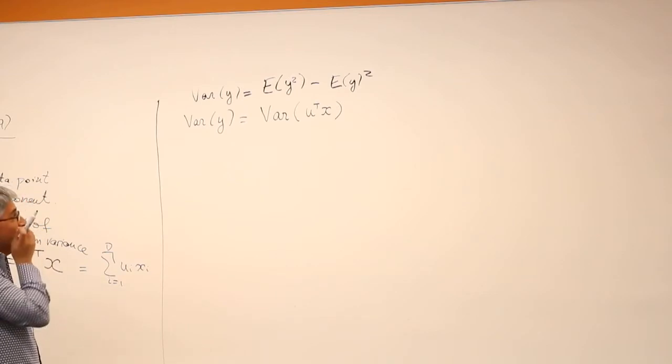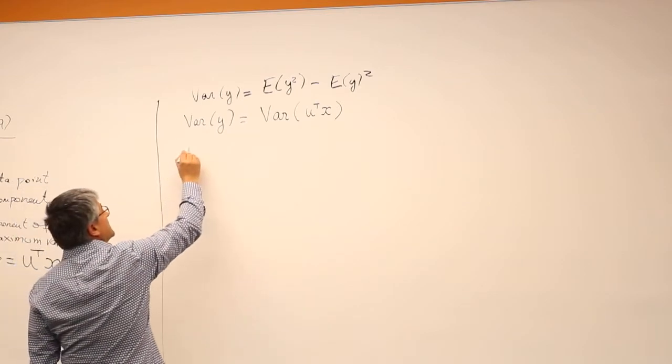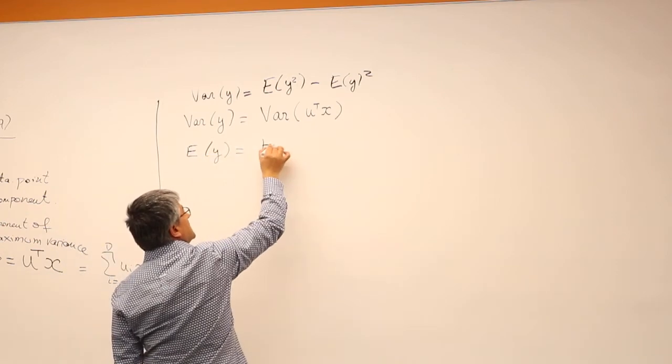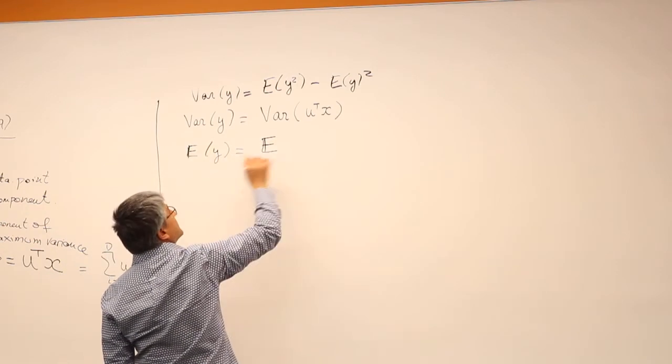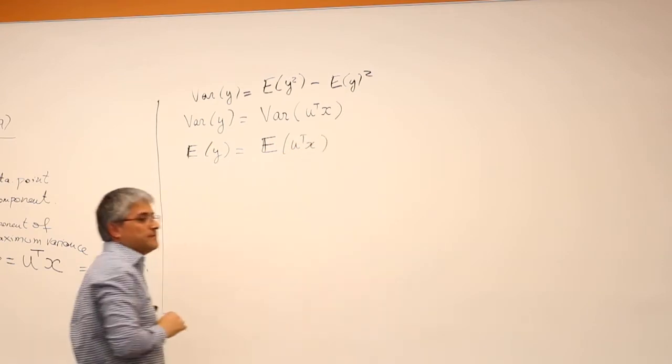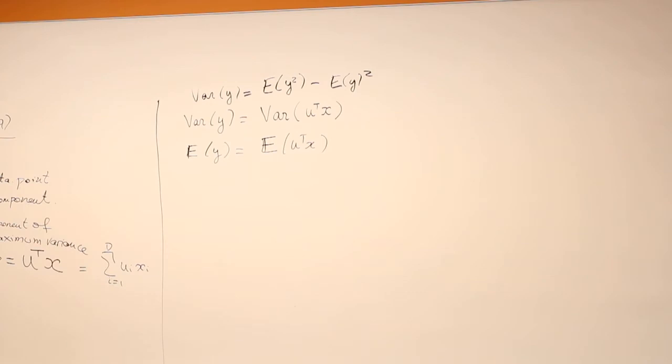So let me begin then with the expected value of y. The expected value of y is just the expected value of u transpose x, right? Now, u is a direction. U is a constant. U is not random.